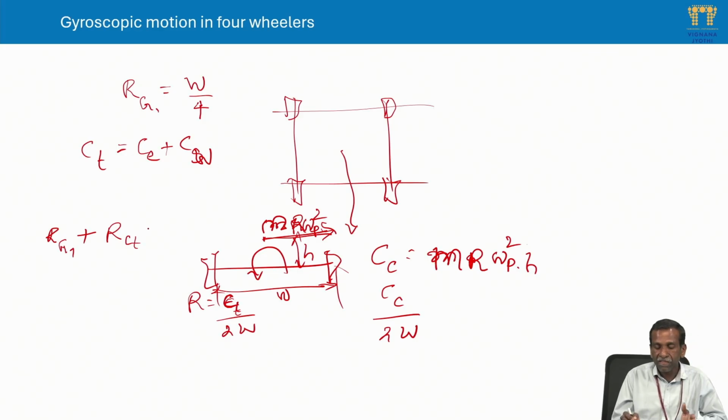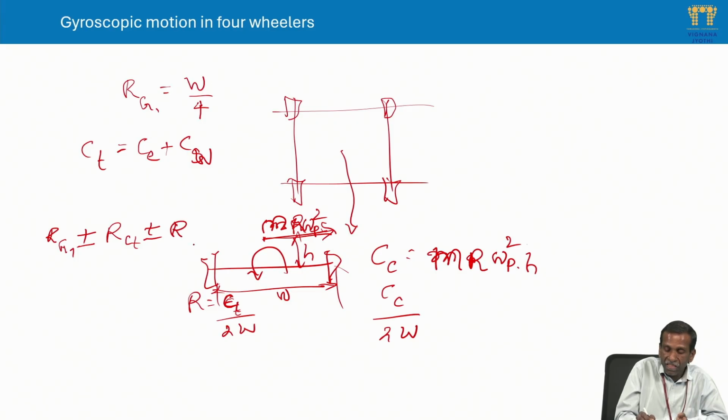See the directions: because the rear wheels press more on the ground, the reaction is positive for the rear wheels. For the front wheels the reaction is negative, because they lift off from the ground due to the total centrifugal couple. The centrifugal couple presses the rear wheels, and the front wheels may be lifting, depending on whether it is a right turn or a left turn.